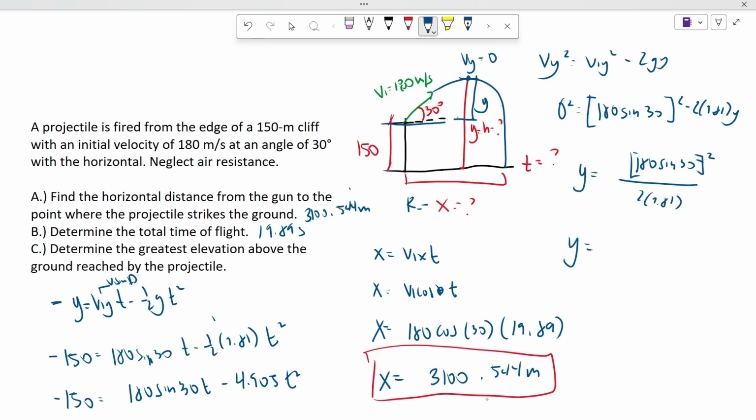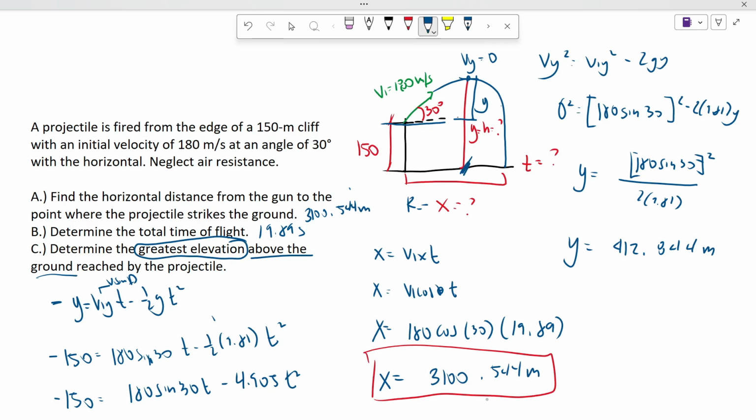So, the value of y will be equal to 412.844 meters. So, what is being asked is the greatest elevation above the ground reached by the projectile.